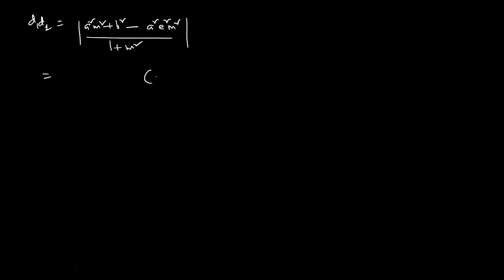So we know one result. What is that? a square e square, how to write? That is the relation among eccentricity, a and b. So in this case, what to do here?